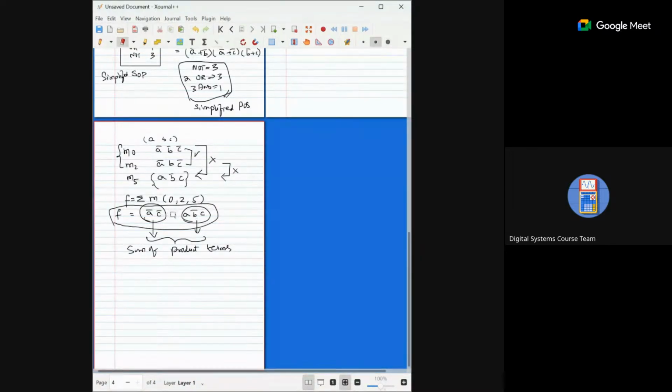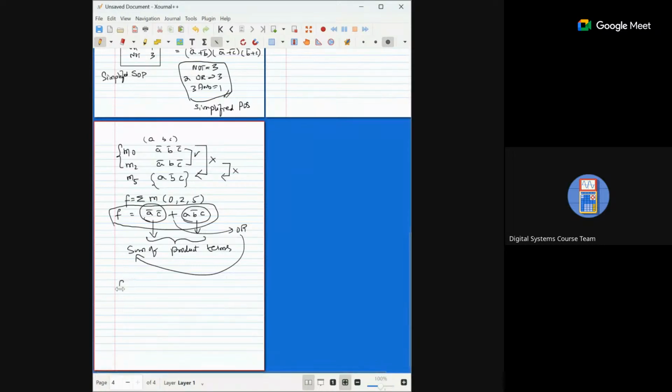Sum in the sense not addition, ORing, that is what I am talking about. This is your OR operation. So we can internally tell it is a sum. Is it okay?